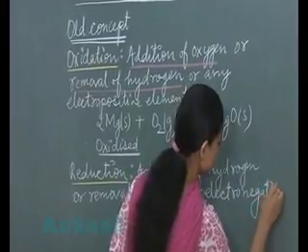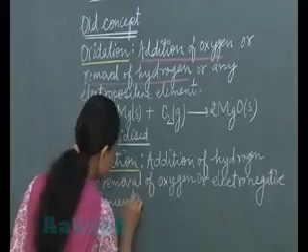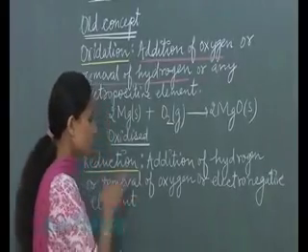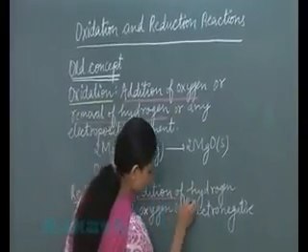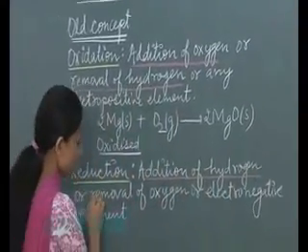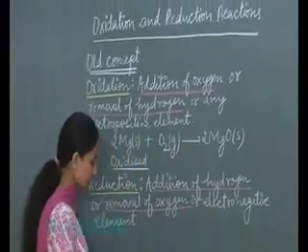Students, electronegative element is the one which can easily gain electron to form negatively charged ion. So students, opposite to oxidation, reduction involves the addition of hydrogen, or removal of oxygen or electronegative element. So students, let us see an example for this.